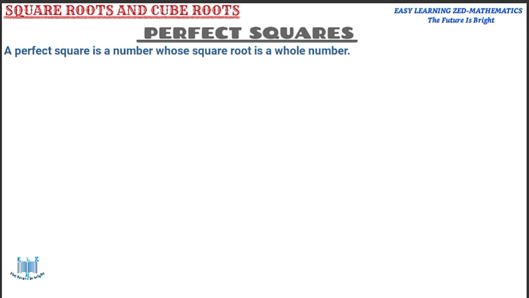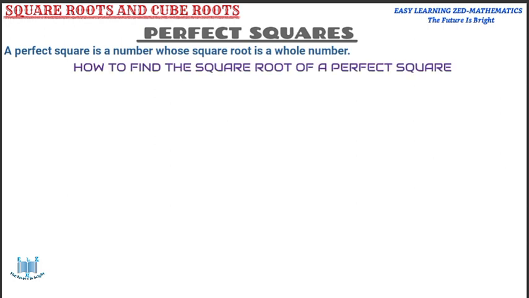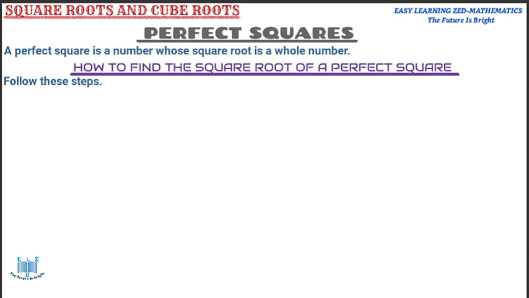Now let's look at the steps you need to follow when you want to find the square root of a perfect square. The first one is to write the perfect square as a product of prime numbers.